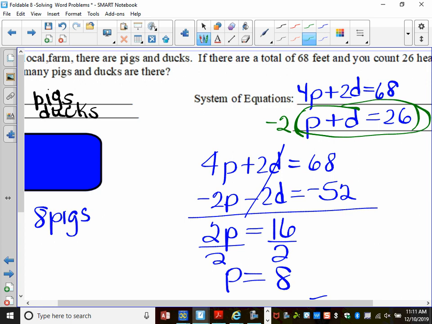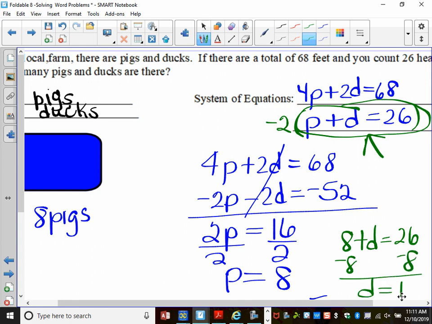No, it's not negative, it's just positive. So I'm going to go back to this equation here since it's a simple one and say 8 plus D equals 26. Subtract 8. So D equals to what? 18. So that will give me 18 ducks. And that's it.